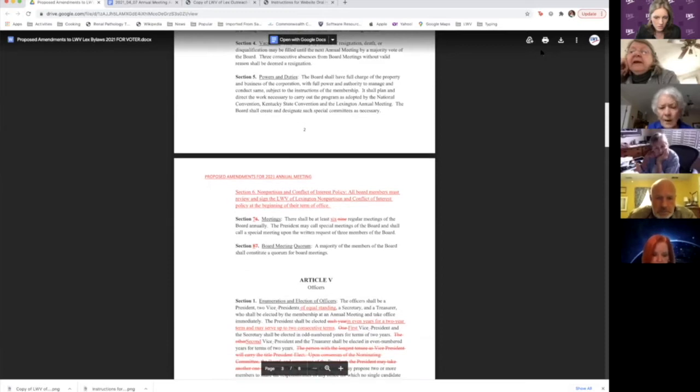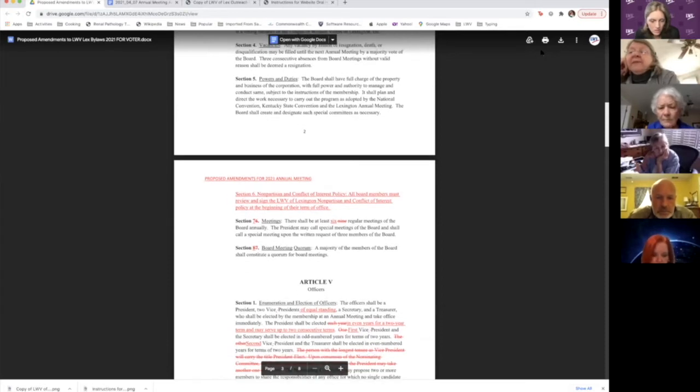And then we have adopted a nonpartisan and conflict of interest policy. We decided we didn't want to include those in the bylaws per se, but we would reference them because they might change or be adjusted.